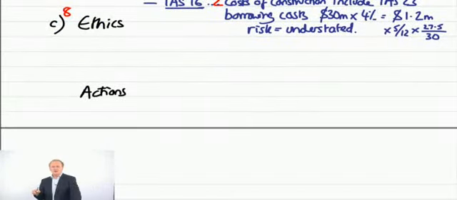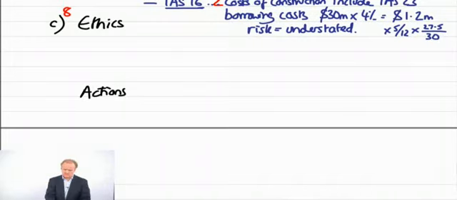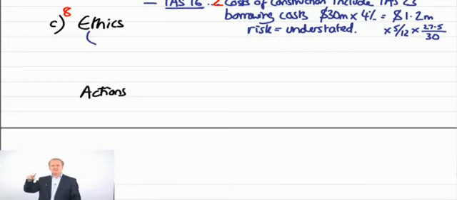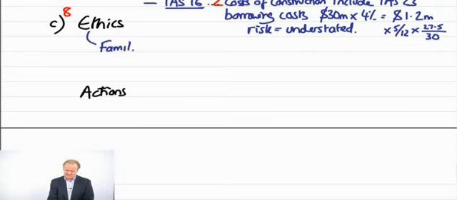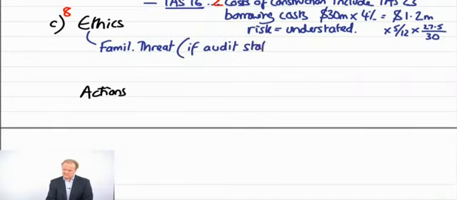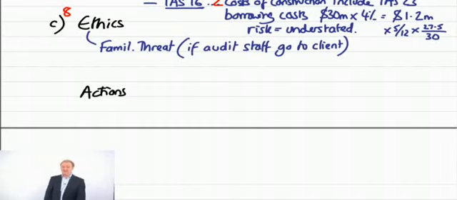But if we've got a member of the audit staff going to the client, well, when we audit it, we're going to meet our ex-friend as the financial controller, aren't we? And that surely is a familiarity threat. If audit staff go to client, it might even create an intimidation threat, because people who used to work with him might feel pressured not to criticize anything he's doing at the company, maybe.